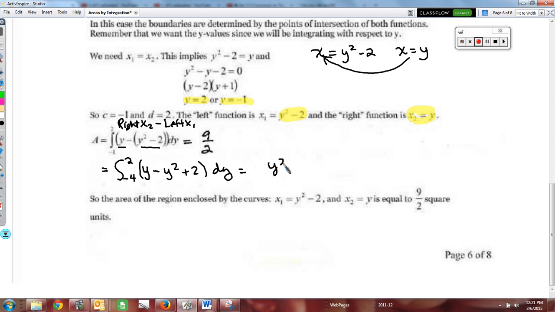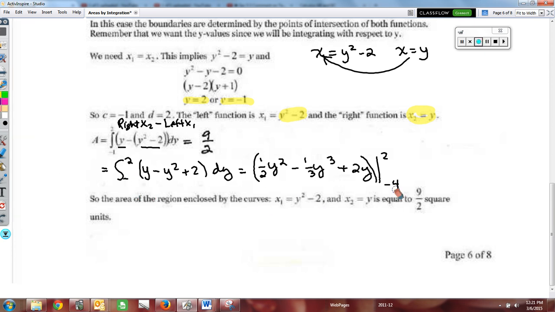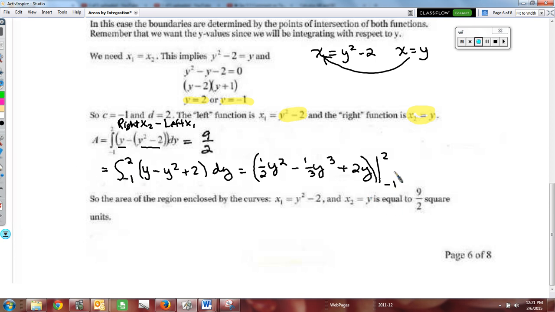We would have y squared over 2, minus y cubed over 3, plus 2y, and we're evaluating this antiderivative for net change from -4 to 2. Well, I really need glasses. Y'all are going to laugh at me because I keep thinking those -1s are -4s. So -1 to 2, and then I simply have to plug and chug.